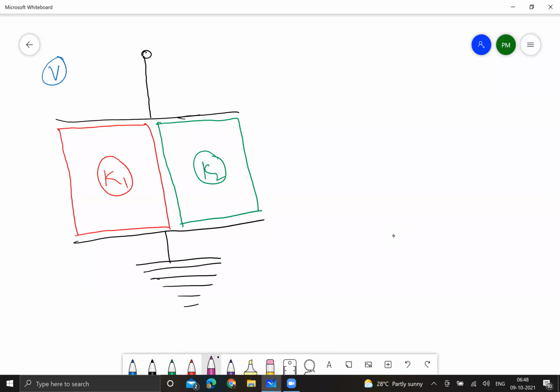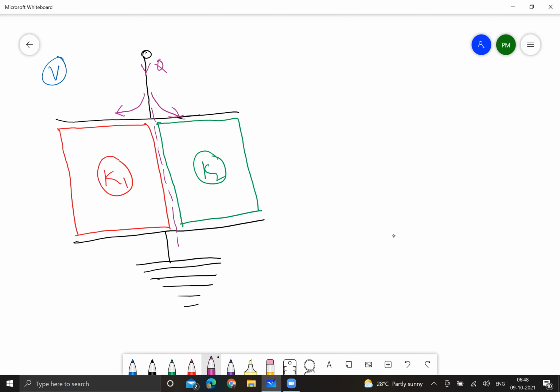So, when some charge is attempting to flow, because the dielectric constants are different, each half interposed between half of the plate area will act like a separate capacitor.